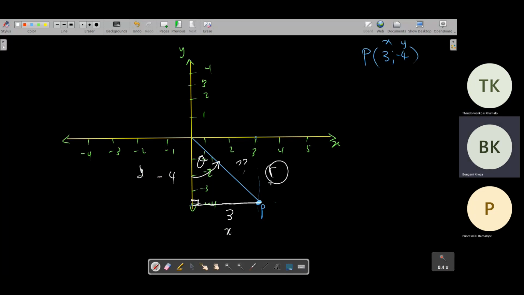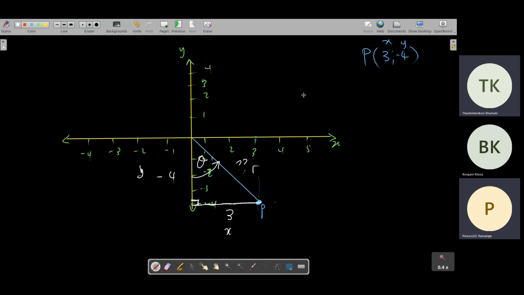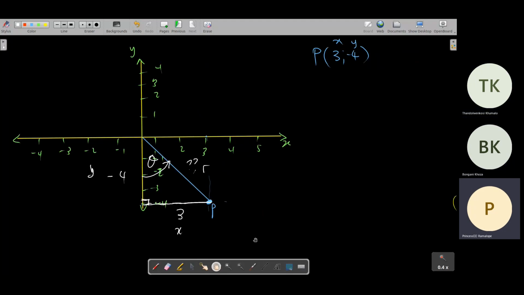So now in such questions, you need to find r, which is the hypotenuse side. So how can we get the hypotenuse? We have 2 sides. We are looking at a right angle triangle. Theorem of Pythagoras, yes? r squared is equal to x squared plus y squared.